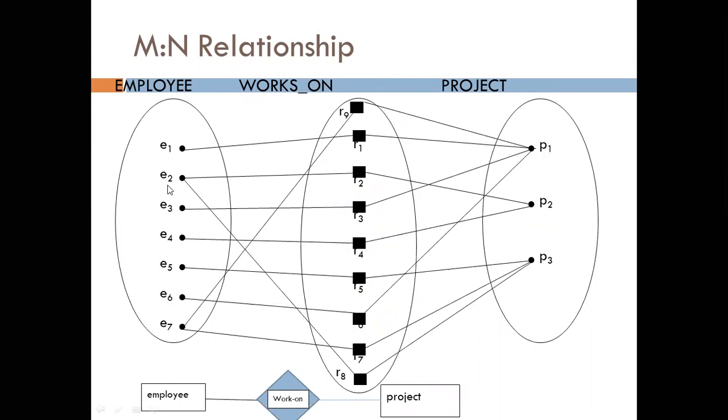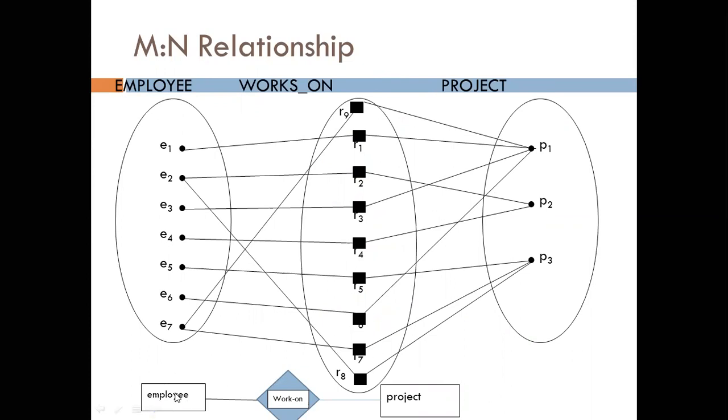You can look into this: employee E2 is working on project P2 as well as project P3. Vice versa, if you consider project P2, this project can be done by n employees. That is, P2 is done by employees E2 and E4. This is m:n. This is the corresponding ER model.